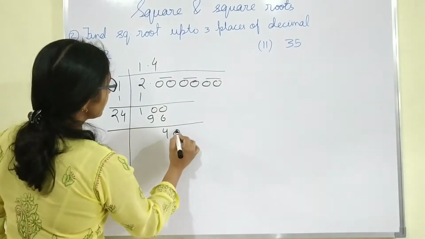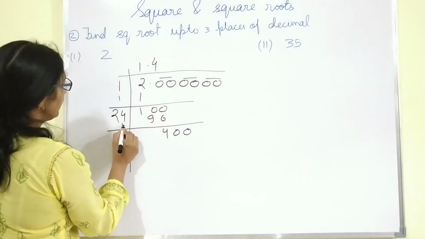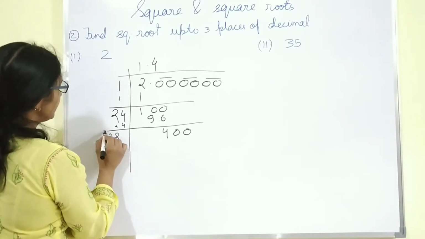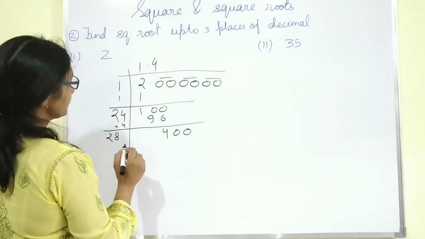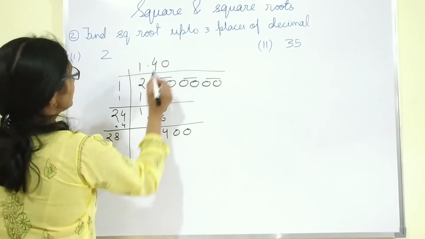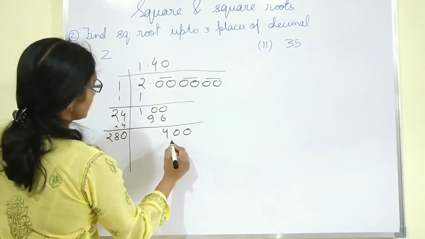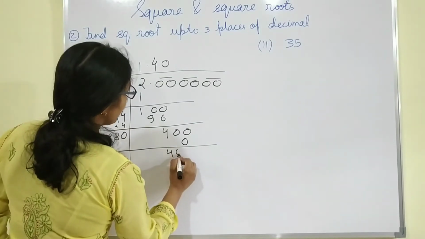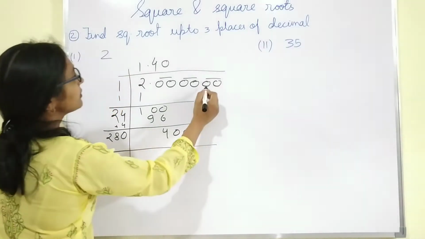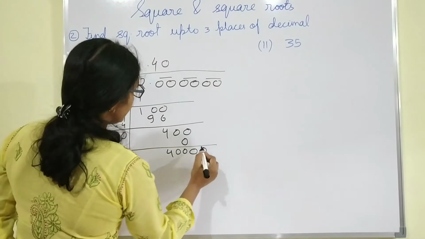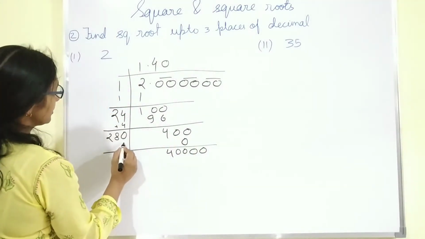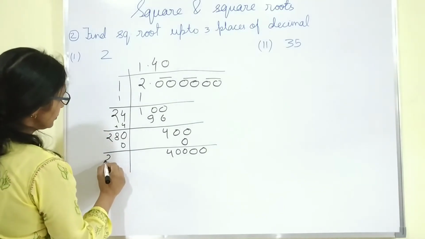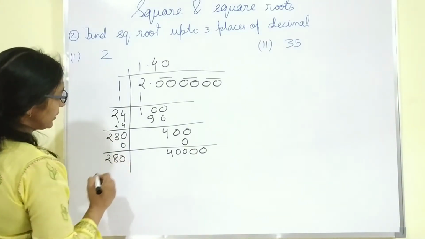4, carry these 2 0. We will add 4, 28. Now 0, so 0. Now 400. Now carry more zeros plus 0 because we have taken 0 here. So again it is 280.